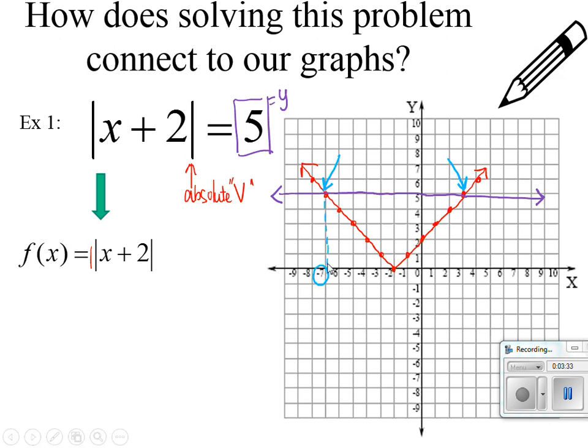They're equal at -7 and at 3. The ordered pairs would be (-7, 5) and (3, 5), but I'm not looking at the y value where they're equal. I'm looking at the x value where they're equal. So the solutions would be -7 and 3.